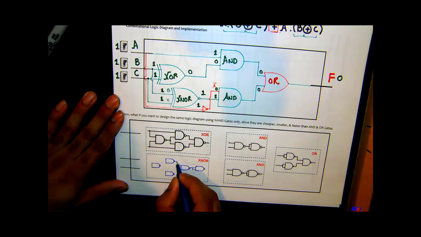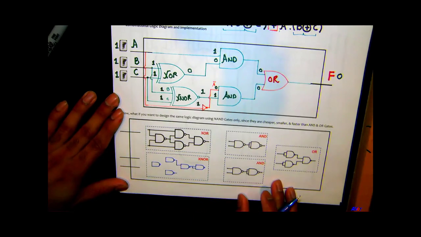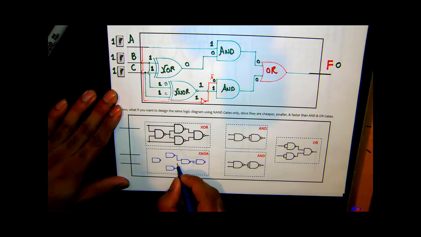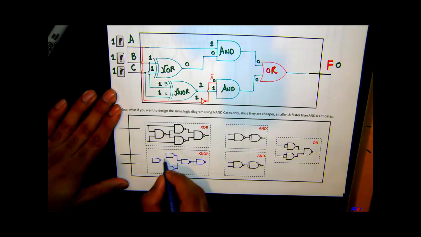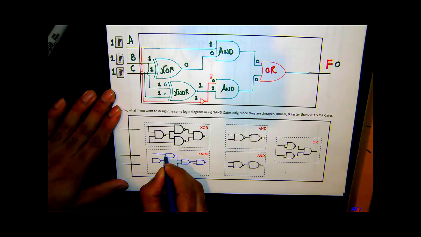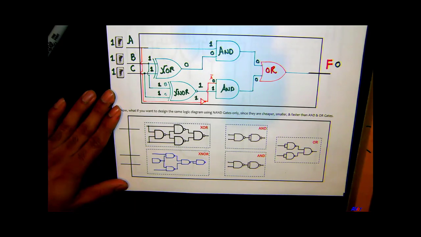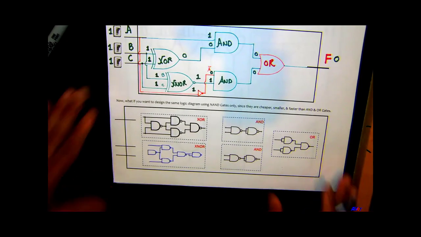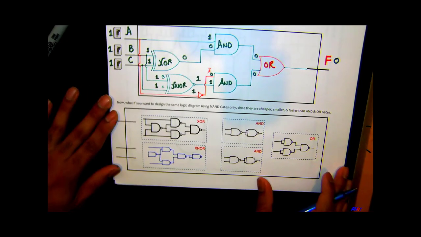The output of these two NAND gates goes into this one. Now it's about time that we start wiring them up.